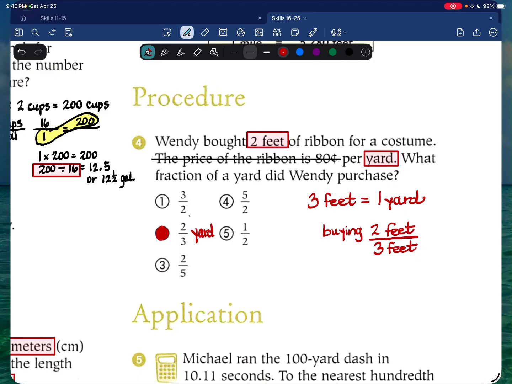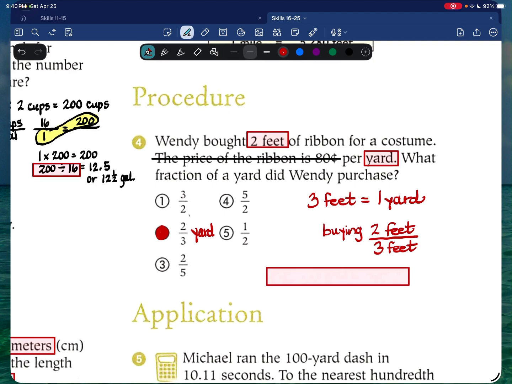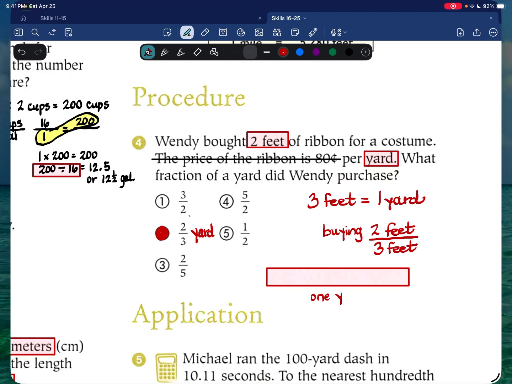And let me show you another way to think about this. Let's take a picture, a model. So let's say that that is the piece of ribbon, and it is 1 yard long. That would cost 80 cents if we needed to know that, but we don't in this case. It's nice to know, but it's extra information. So there's 1 foot, there's a foot, there's 2 feet, and here's the 3rd foot that makes the yard.